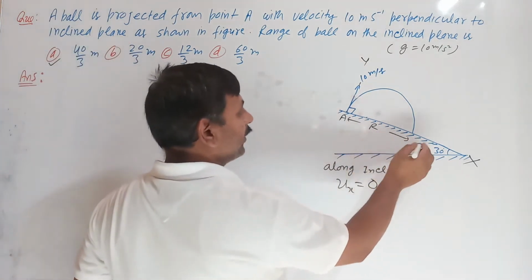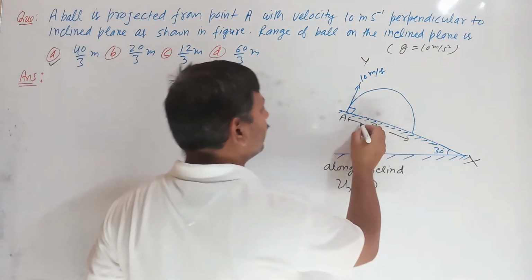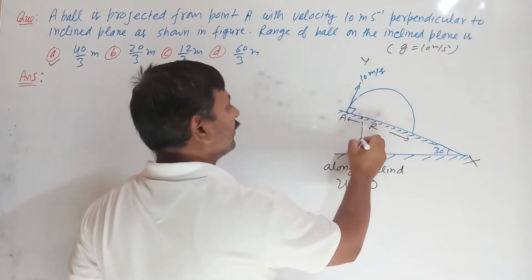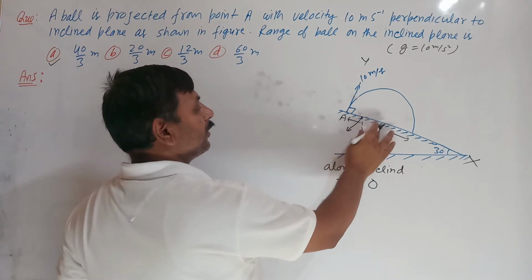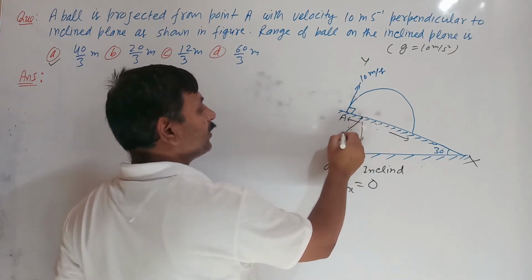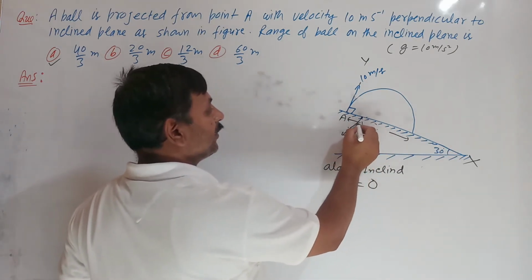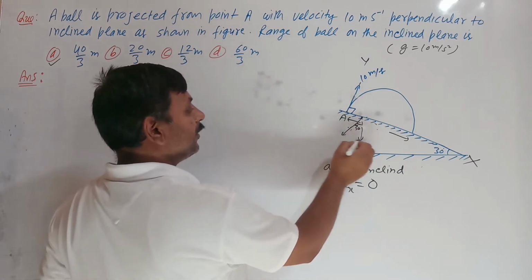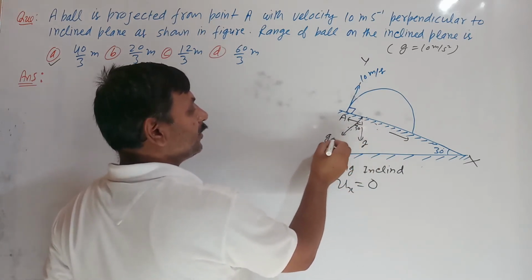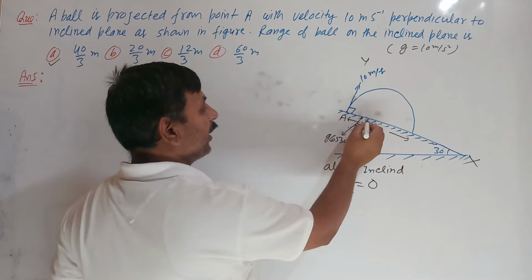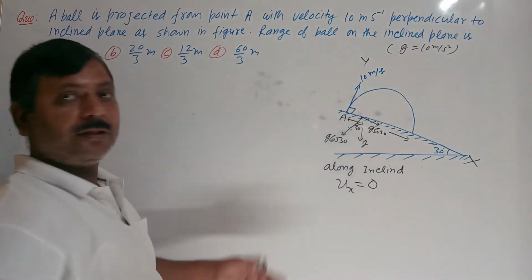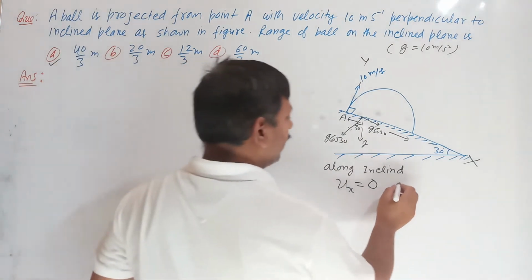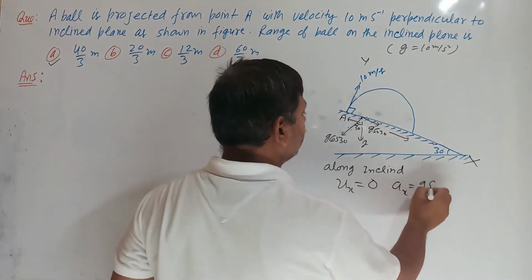And if we go for the gravitational acceleration, G has two components. What will be these two components? This angle is 30, so this is 60, this angle is 30. So G has two components, G cos 30 and G sin 30. So along the inclined plane, acceleration will be G sin 30.